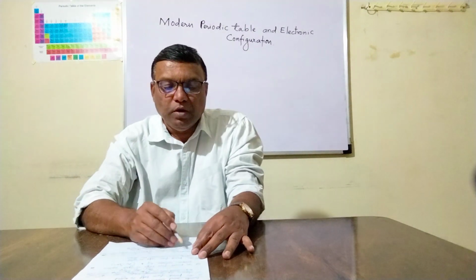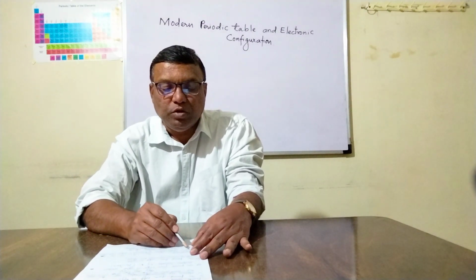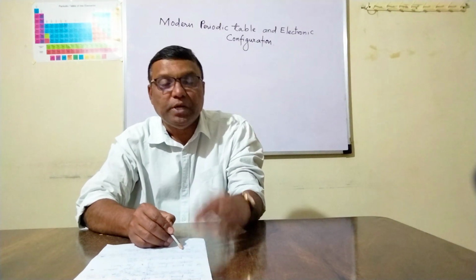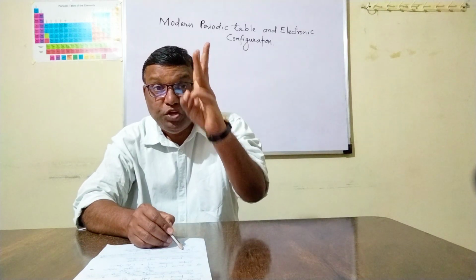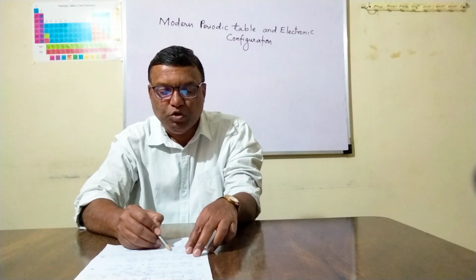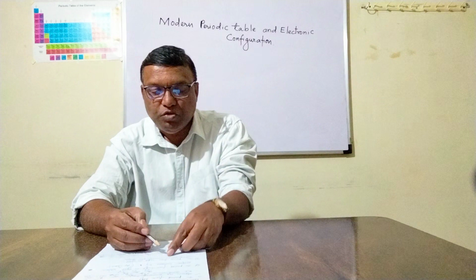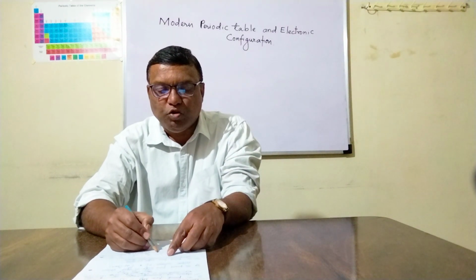Period number 3, first element sodium, electronic configuration 2,8,1. 3 orbits, 3 shells are present in sodium. Magnesium, electronic configuration 2,8,2. Again 3 shells are present in magnesium. Aluminium, electronic configuration 2,8,3.